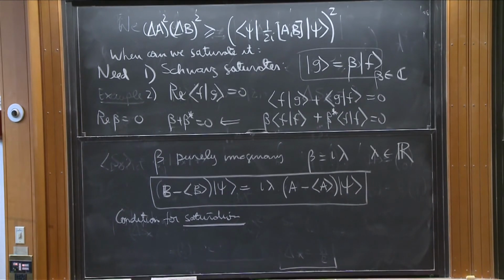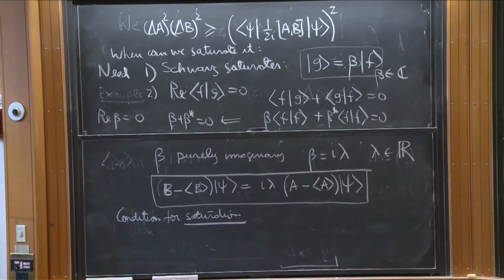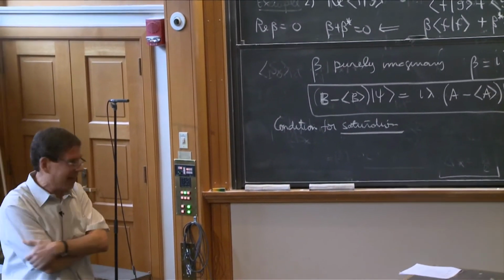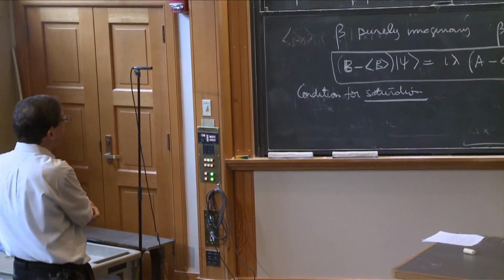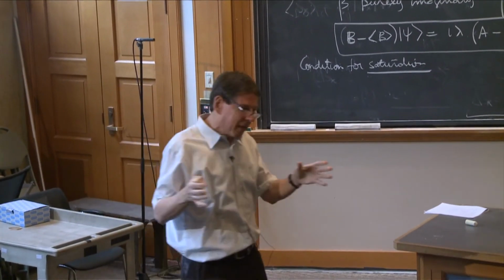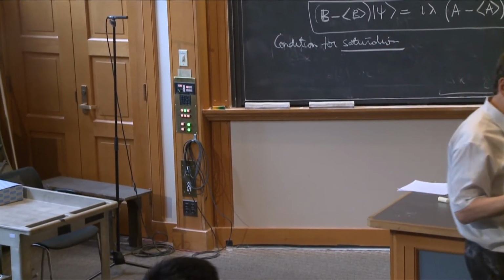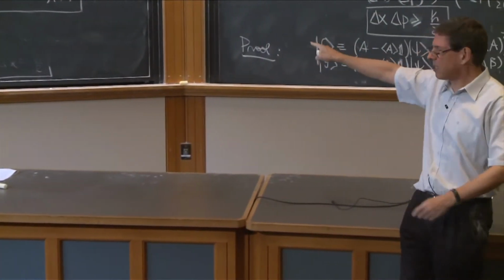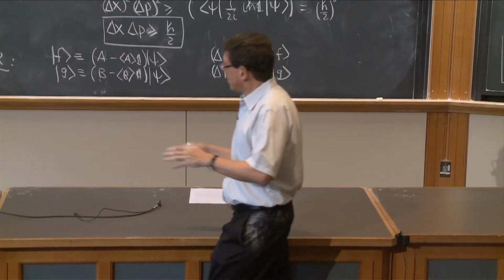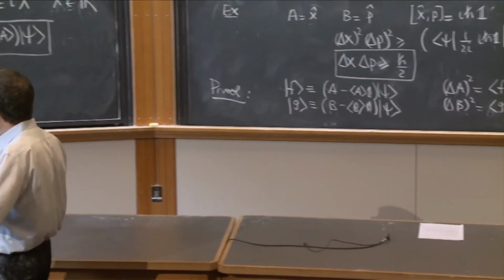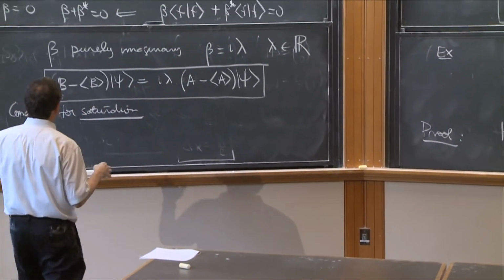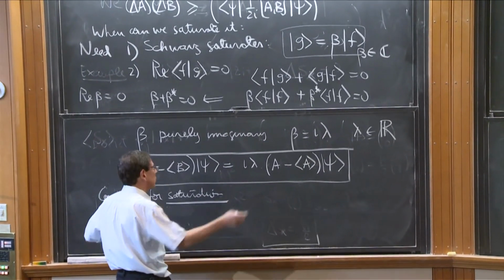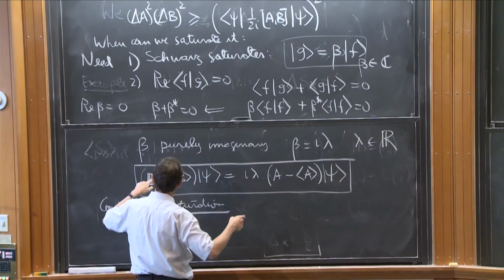Now that's a strange looking equation. It's not all that obvious how you're even supposed to begin solving it. Why is that? Well, you're trying to look for a psi, and you have a constraint on psi. But in principle, what do you have to do? You have some kind of differential equation, because you have, say, x and p, and you want to saturate. So this is x, and this is p.